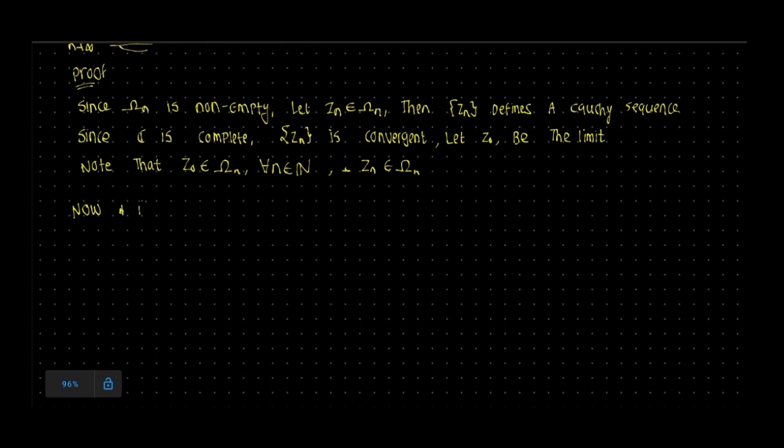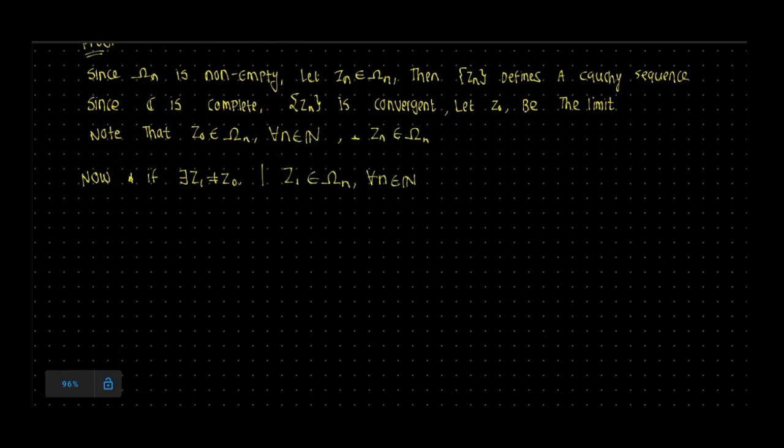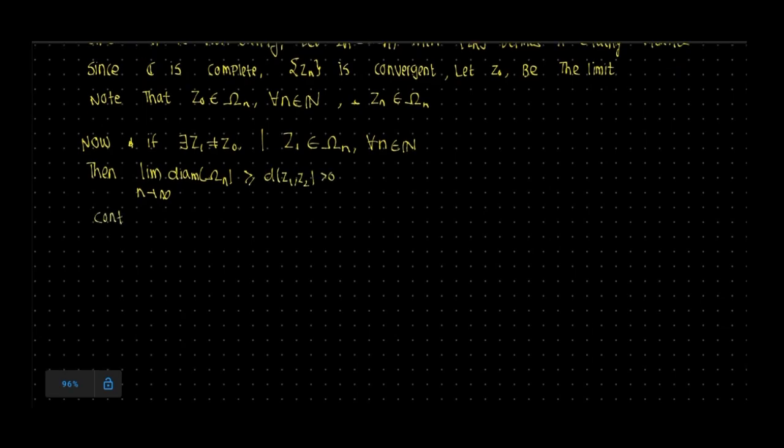If there exists another such point, then the distance between them will always be greater than, which is greater than 1, which is a contradiction.